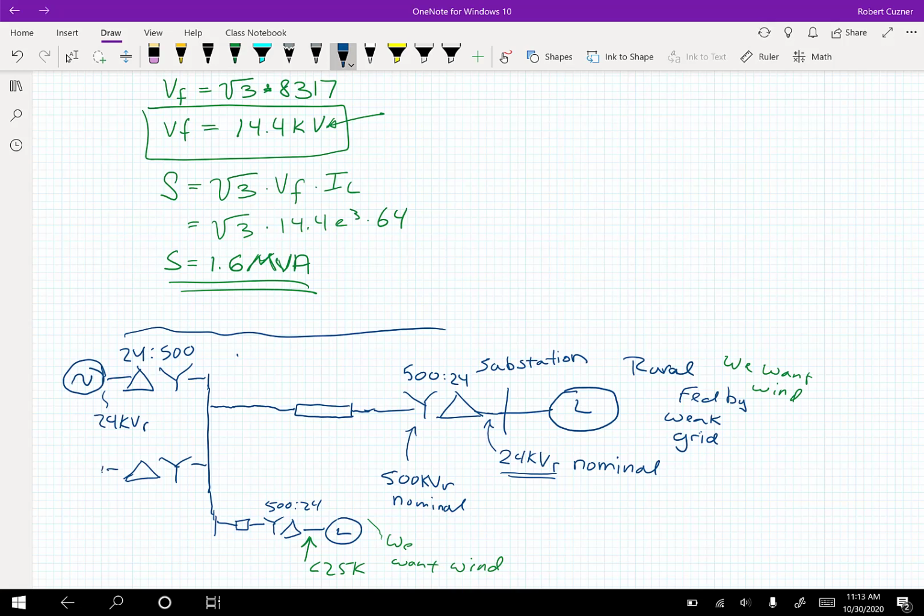Here's your wind generator, your wind turbine feeding your power, probably something around 4.2 kV. It's a lower power rating.